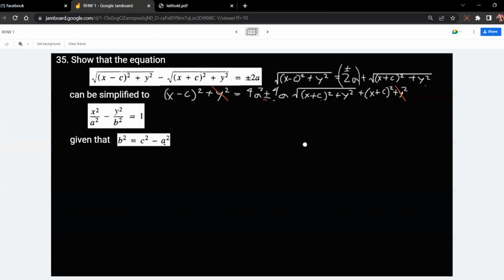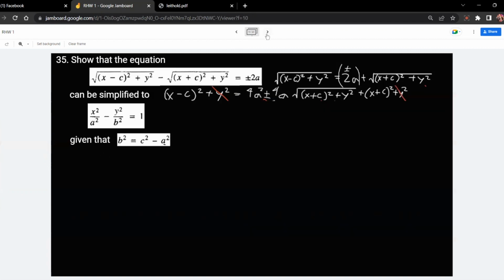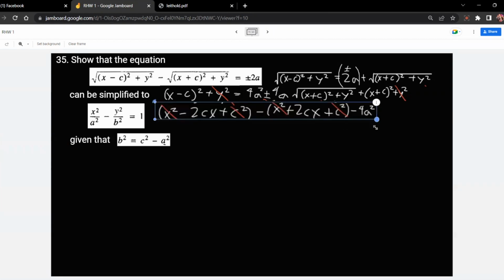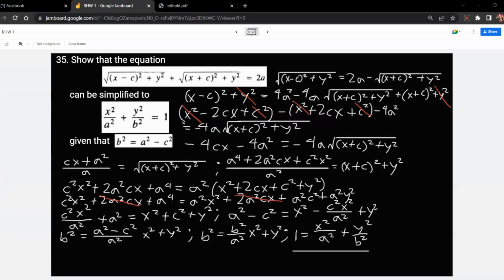Magkakancel yung y squared. So we get 0 equals 4a squared plus 4cx plus or minus 4a square root of x plus c squared plus y squared. And then divide everything by 4.